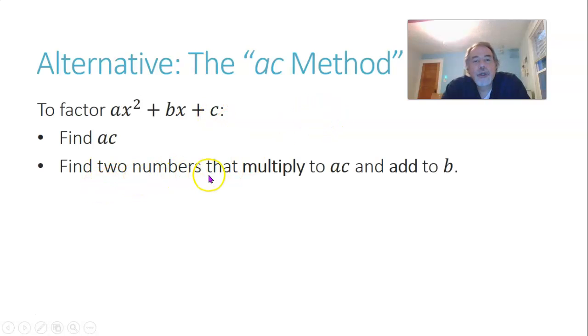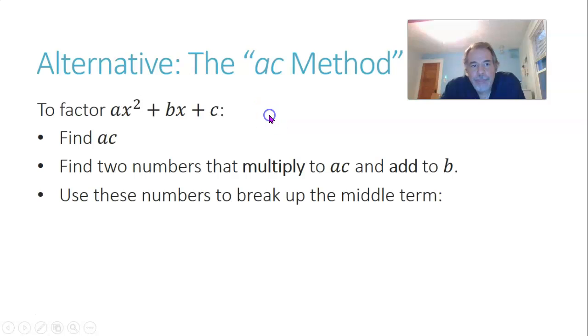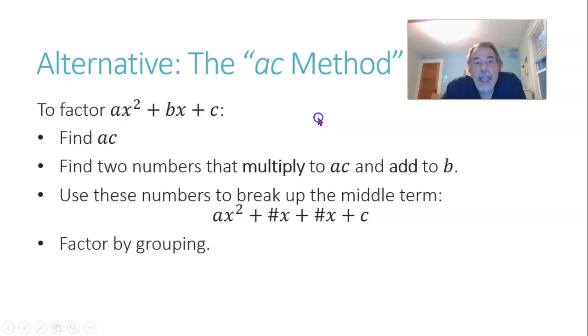Now, look for two numbers that multiply to give you the number you got for AC, and that add to give you the number in the middle, in the place of b. Then use those two numbers to break up that middle term into two separate x terms that add up to bx. And then take these four terms and factor by grouping.